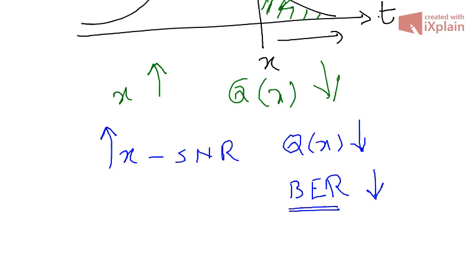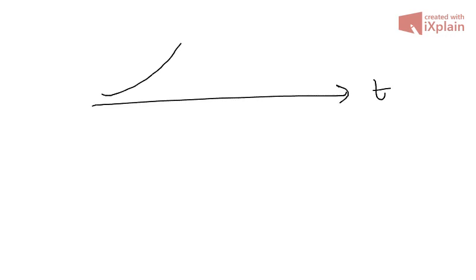Now let's observe one more important point about this Q(x). Let me draw this bell-shaped curve once again, and your Q(x) is the right tail probability. If I put a line here, this point is an x point.